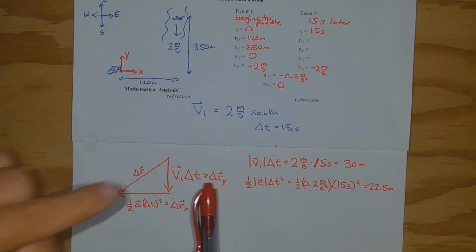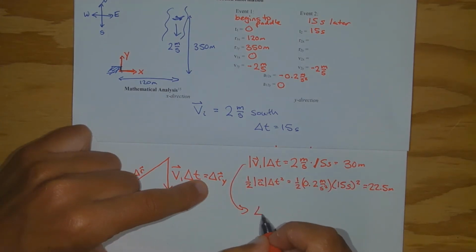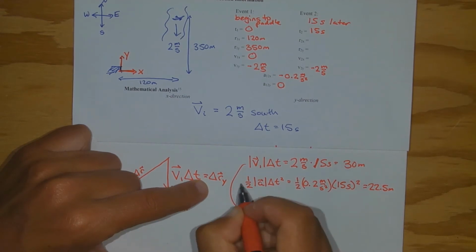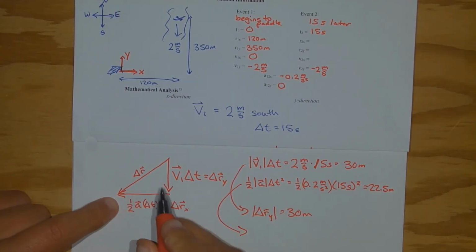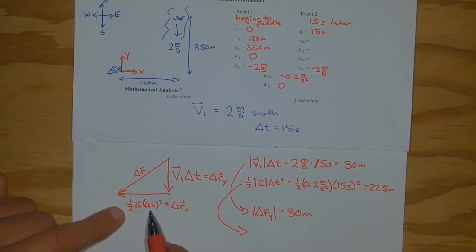Well, the magnitude of this is equal to 30 meters, so that means the magnitude of delta ry is equal to 30 meters. And since the x component of the delta r vector is equal to 1/2 acceleration times delta t squared, the magnitude of this vector is equal to 22.5 meters.